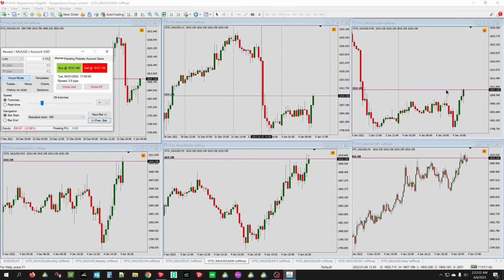Alright, as the H1 candle has closed above all the rejections, at this point I will execute 0.1 lot A grade setup, although there is no support formation.